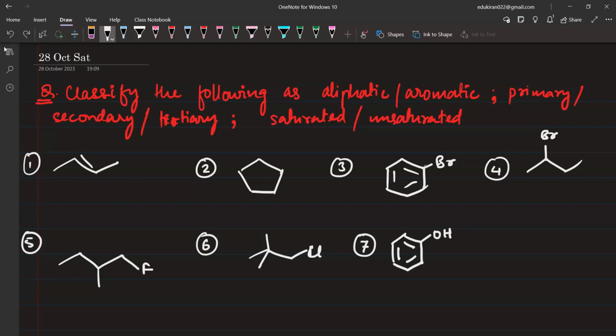You have to classify whether it is aliphatic or aromatic, whether it is primary, secondary, tertiary, whether it is saturated or unsaturated.